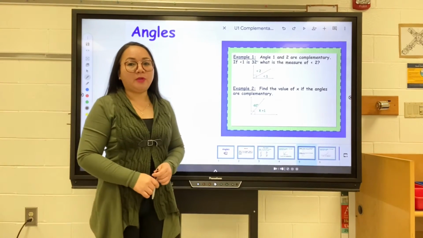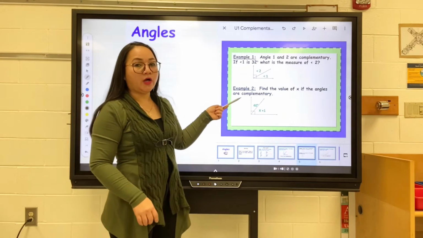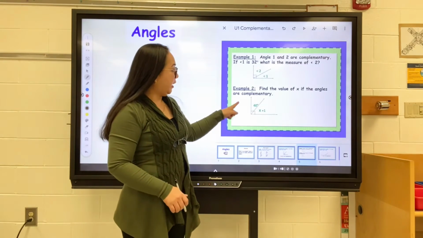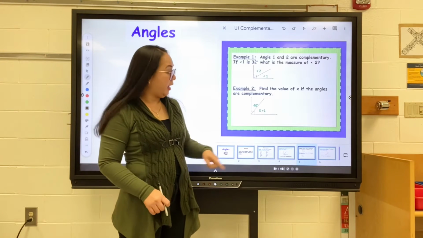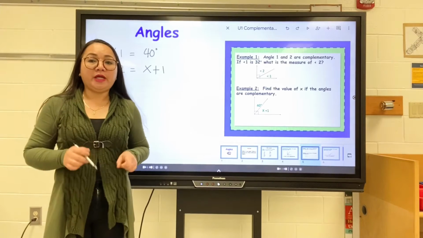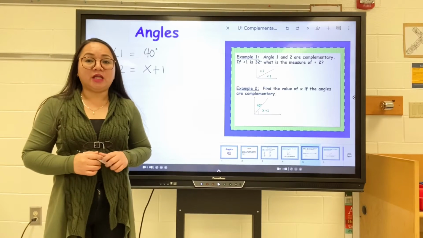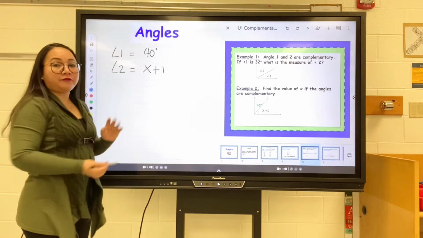Let's try example number 2. Find the value of x if the angles are complementary. Here, as you can see in the figure, angle 1 is 40, and angle 2 is x plus 1. Now here, we apply the basic knowledge of equations. So we will form an equation from this.